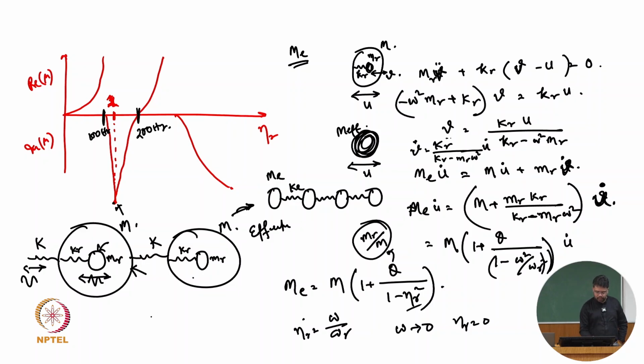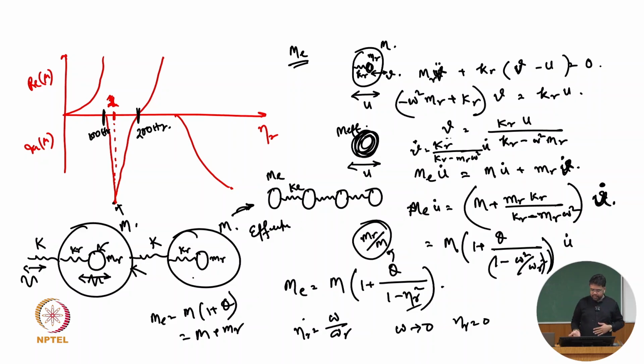So what will my equation become? M effective equal to m into 1 plus theta. That means m equal to m plus mr, because theta is nothing but mr. So if we see what the static mass was, static mass was m plus mr. Makes sense. So that point is correct.